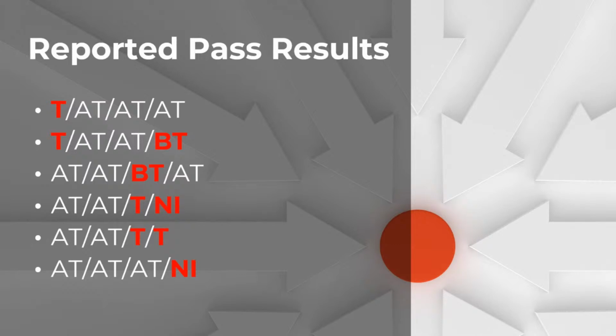And as you can see, not all of them have 4 ATs, which is above target. So it is quite possible to have, like the fourth bullet point down, AT, then target, then needs improvement, right? Even with a result like that, you can pass the CAPM exam as long as you're really stellar.